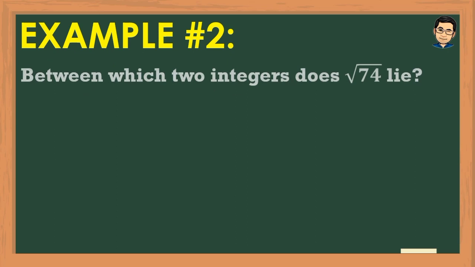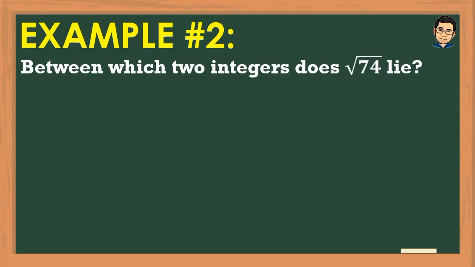Next, number 2, between which two integers does square root of 74 lie? So, kagaya ng ginawa natin kanina, mag-iisip tayo ng mga perfect squares na kung saan nakapaloob yung square root of 74. So, maganda po dito, meron po tayong listahan ng mga perfect squares o yung table of square roots na pinakita ko kanina. So, nakapagitan po yung 74 sa perfect squares na 64 and 81.